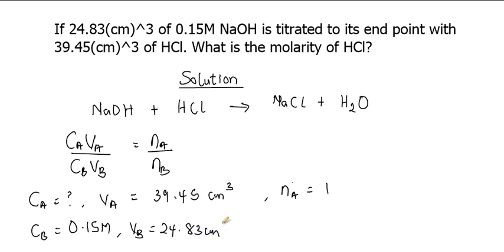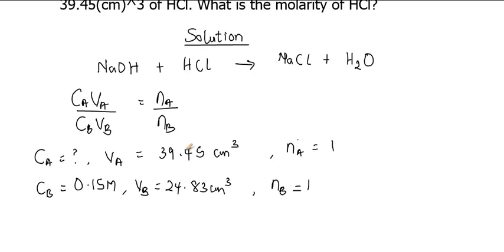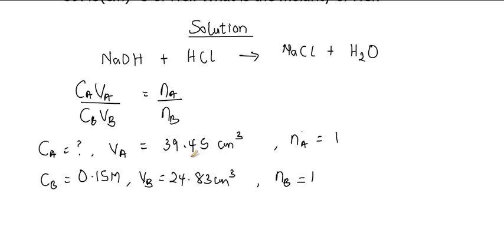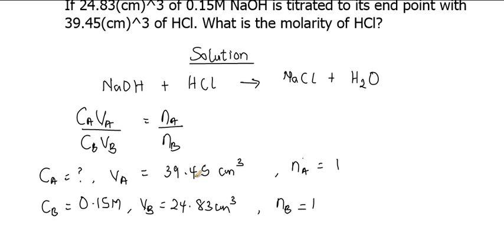And the number of moles of base is 1 as well. That is the coefficient of the base in the equation. Having done this, we make Ca the subject of the formula, because from the question we are asked to calculate the molarity of HCl, that is the acid.